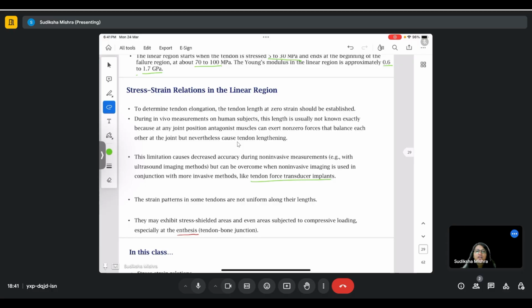Most of these measurements are therefore performed in laboratory animals, and the comparison between human scales and the lab animal scale is very different, and therefore it is very difficult to get appropriate measurements for humans.